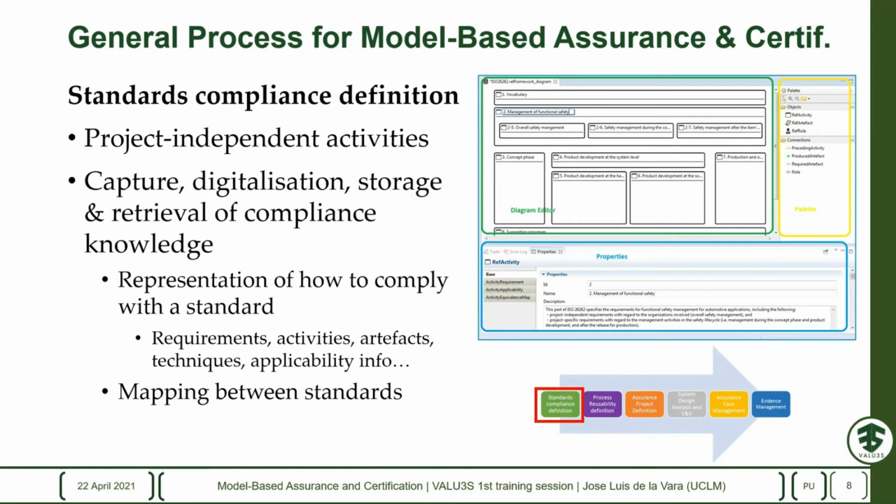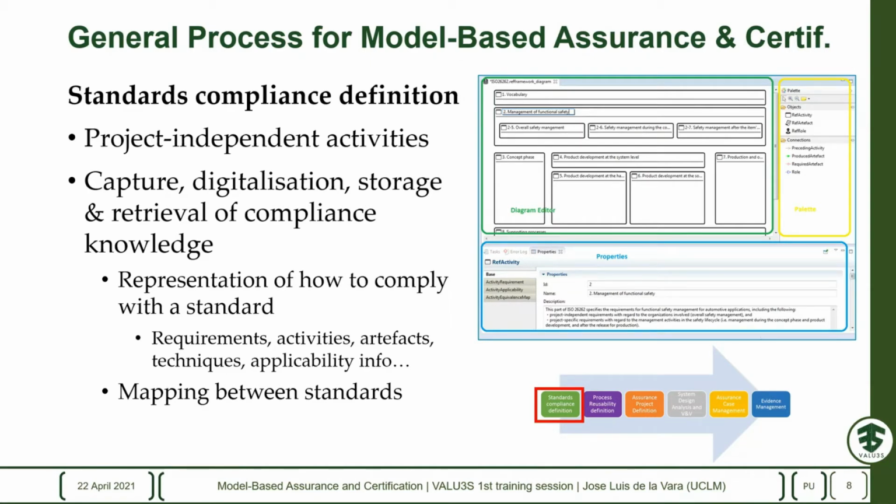Why do we need this mapping? There are different scenarios for this. Typical ones are, for example, if I want to assess how compliant I am with a standard, considering that I'm complying with another. So if I have complied with Automotive SPICE, I might want to know how compliant I am with ISO 26262.